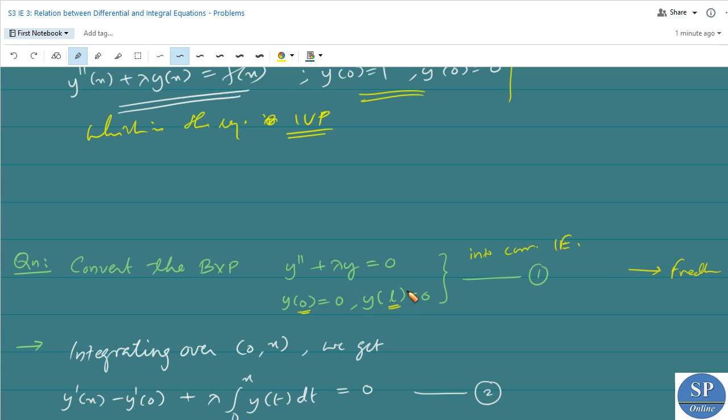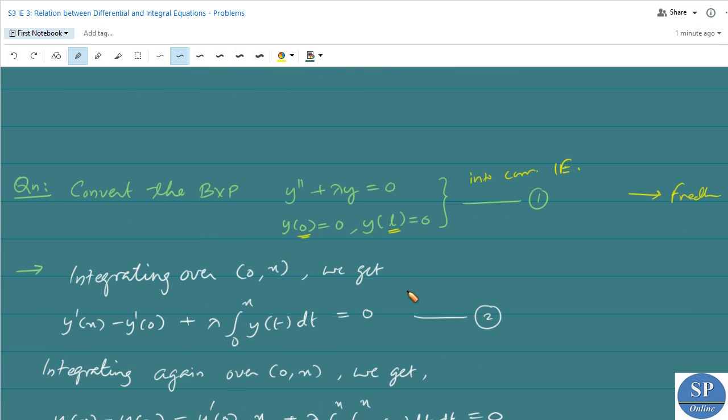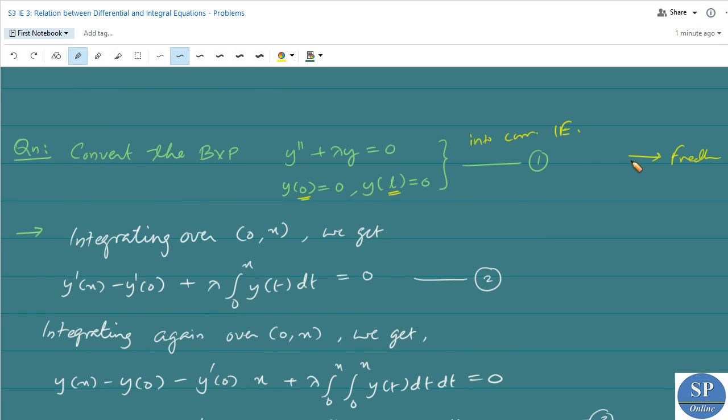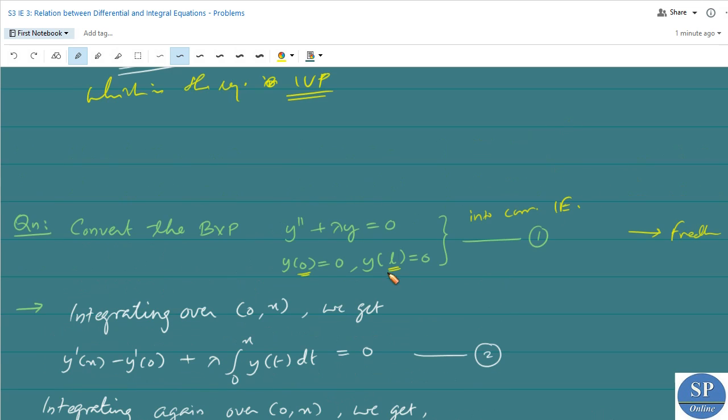To find it, we have to integrate this differential equation over the interval 0 to x, not the interval 0 to L. Here the boundary points are 0 and L, that is the interval is 0 to L, but we integrate 0 to x, clear.